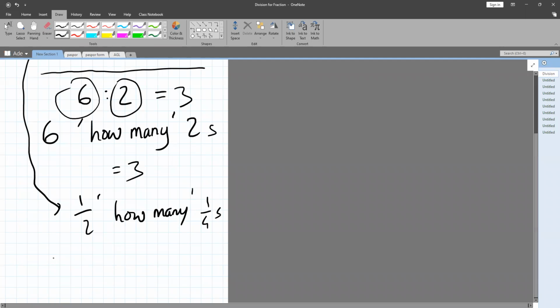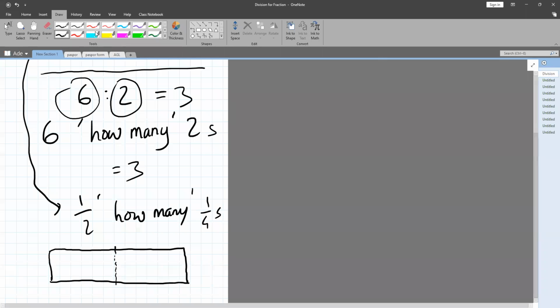It's like when you look at, let's say, I have a whole part like this one. Now, when you think about half, you divide this portion into 2 equally. So this is half. Now, when you think about quarter, it gives you smaller. So this is now a quarter.